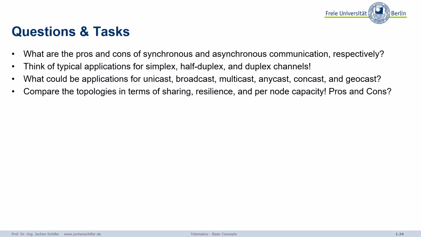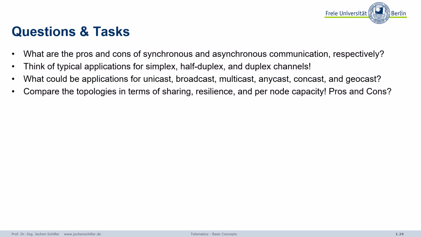Think also of typical applications for simplex, half-duplex, and duplex channels. Not all applications can be used for all different types of channels. Then think of our unicast, broadcast, etc. schemes. What could be applications for them? Some of the applications simply do not work with unicast or are not very efficient.